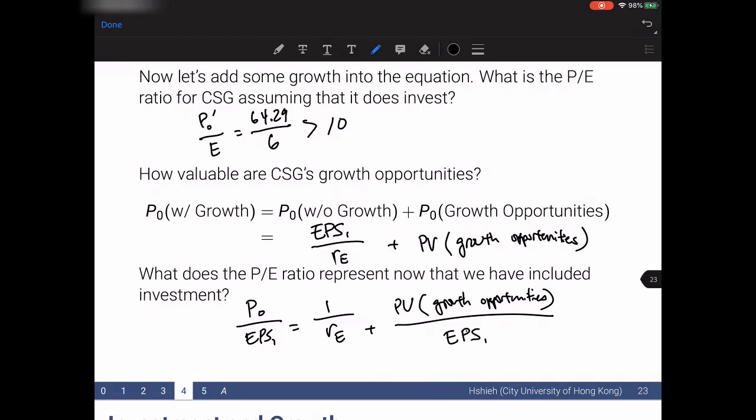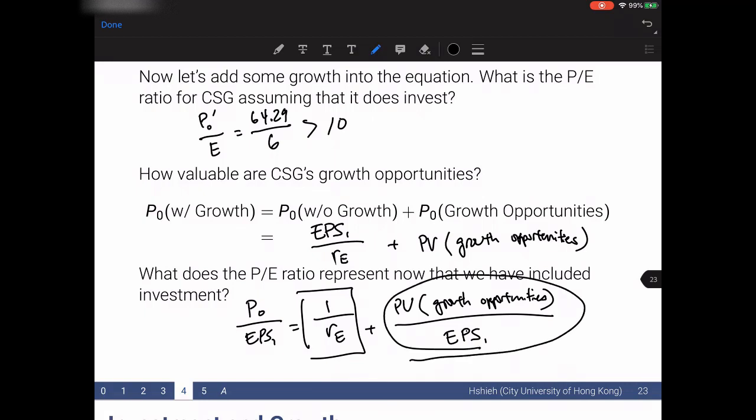Okay? So this is what we saw in the previous slide, and this is showing that the P/E ratio is definitely capturing the baseline firm without any growth plus growth opportunities.